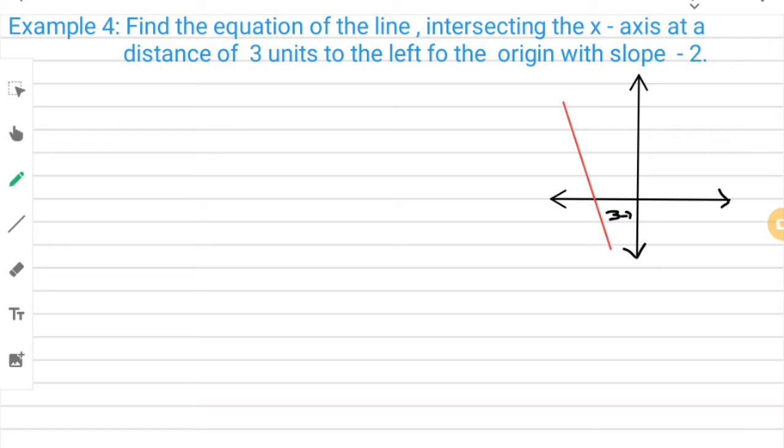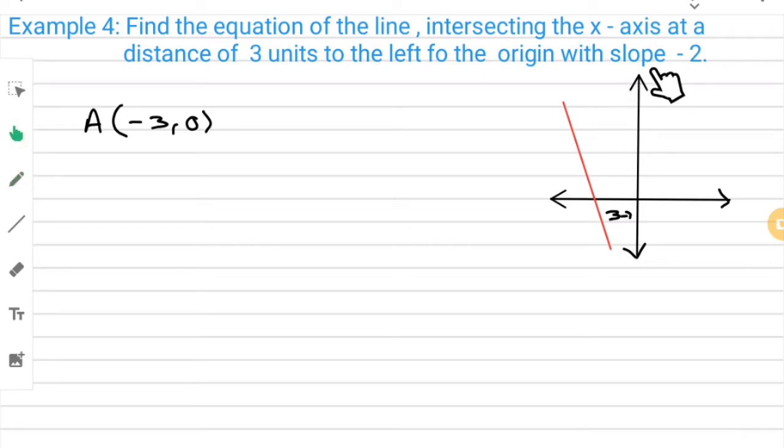Fine. So what will be the point? The point where the line intersects the x-axis. What will happen? Yes, the point is minus 3 comma 0, because any point that intersects the x-axis means y is equal to 0. So that point I am going to take as A of minus 3 comma 0.